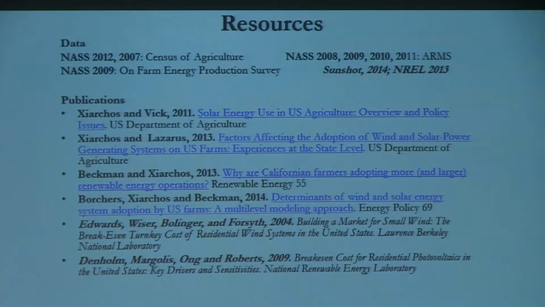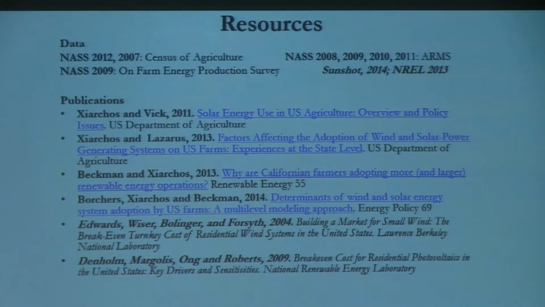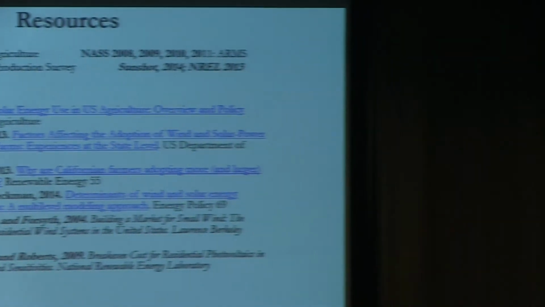The publications used focus on distributed generation, solar and wind, and they heavily rely on three publications that I participated in that analyzed the on-farm energy production survey. One analyzed it at the farm level, another at the state level, and a third one specifically for California, where we looked not only at adoption but also at the size that was chosen.